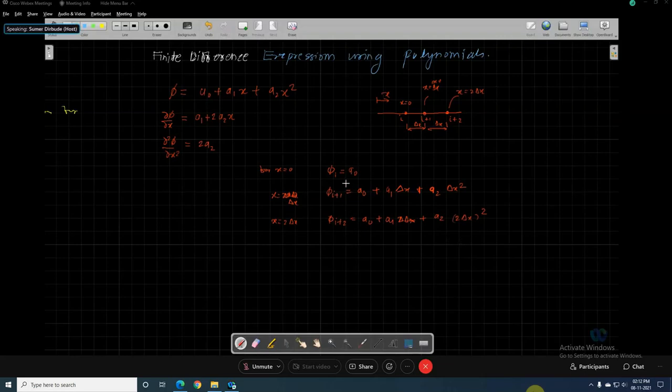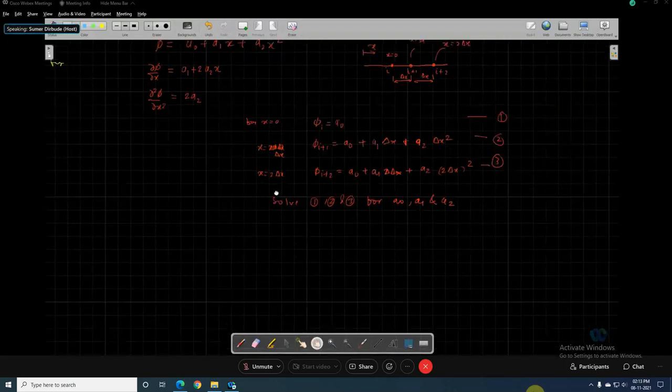Now you have these three equations and three unknowns. You have to solve equations 1, 2, and 3 for A0, A1 and A2.